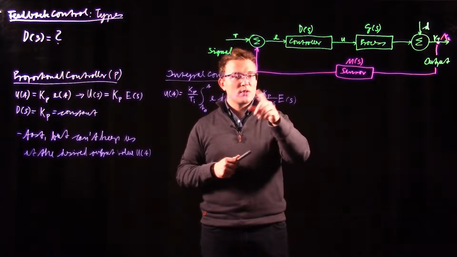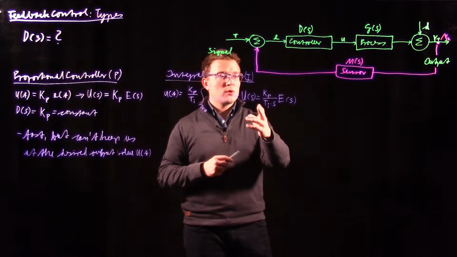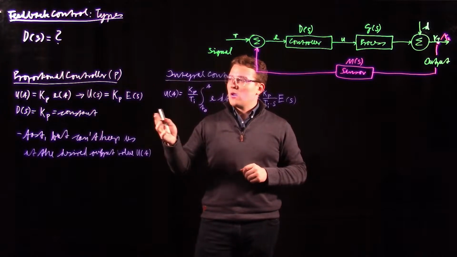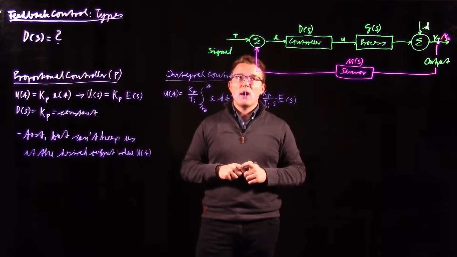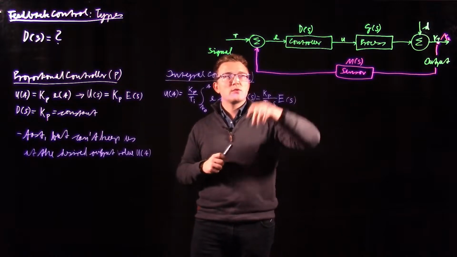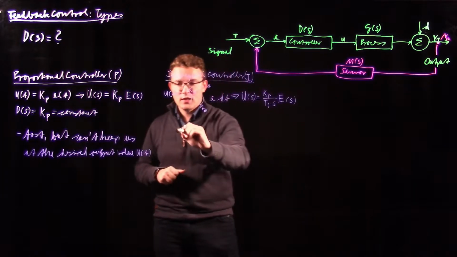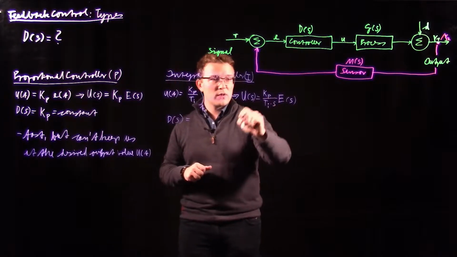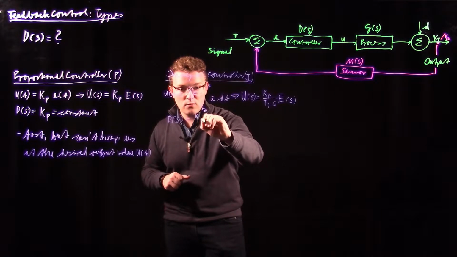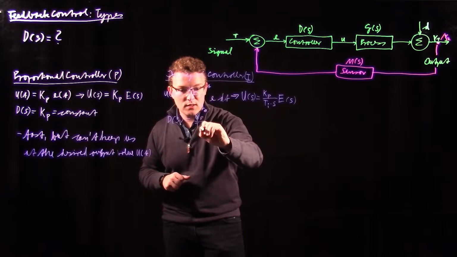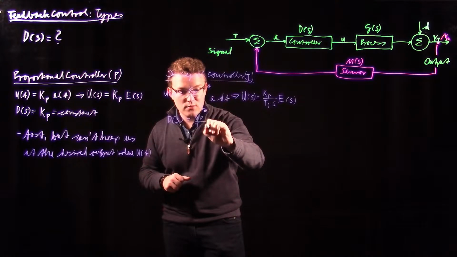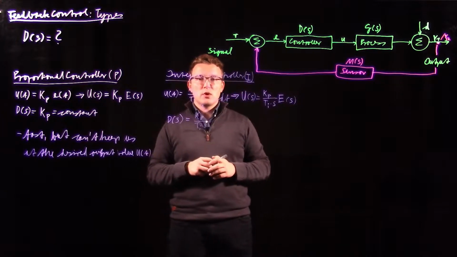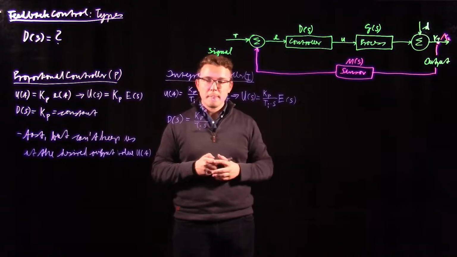So our resulting transformed function would look like this. Now we ask again the same question as before regarding the proportional controller: how does the transfer function of our controller look? The D(s) in this case equals Kp divided by Ti times 1/s.